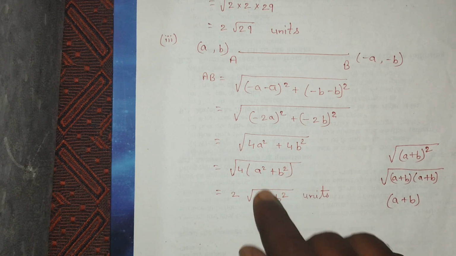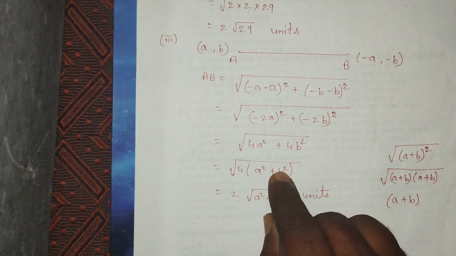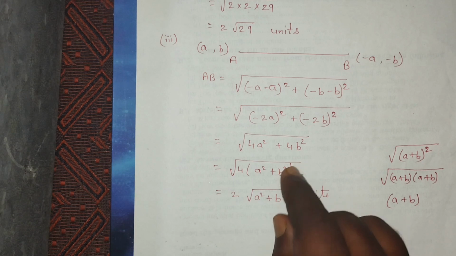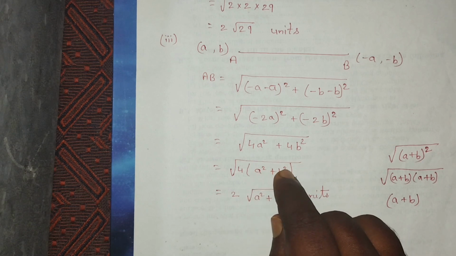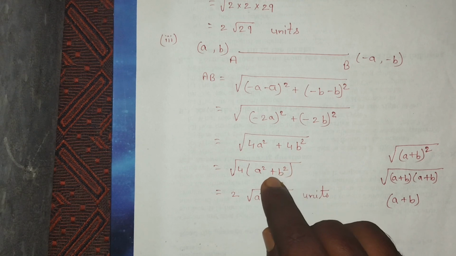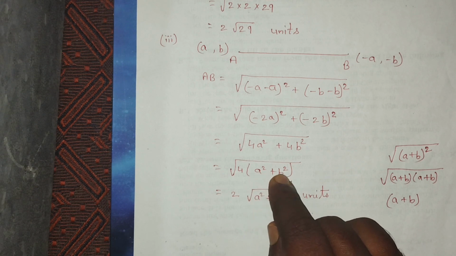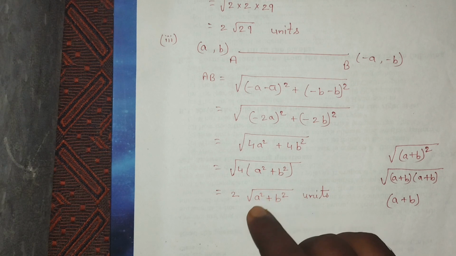But if a square is not written as whole square, squares are indivisible on a and on b, and you get any positive or negative sign between a square and b square, then never bring a b out of the root. You have to write it like this.